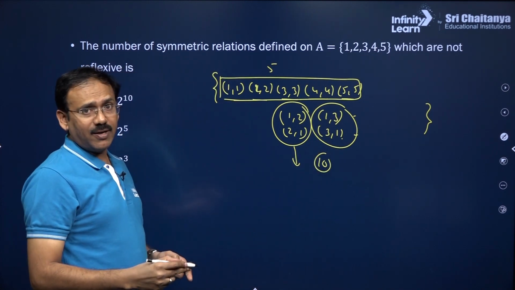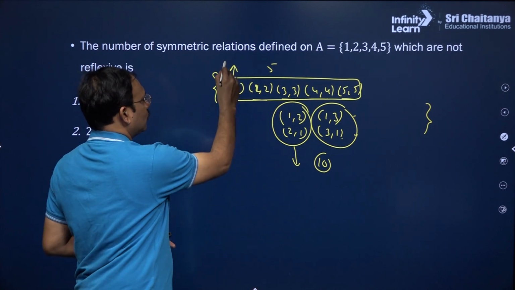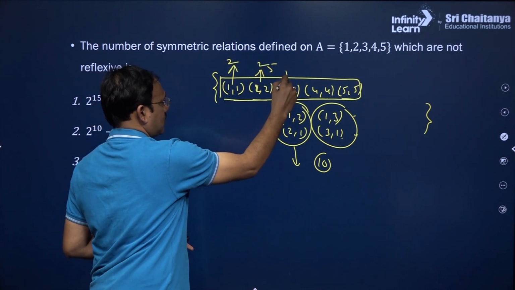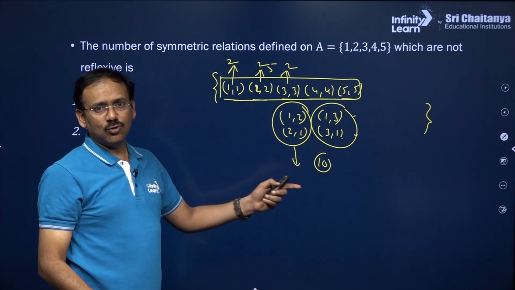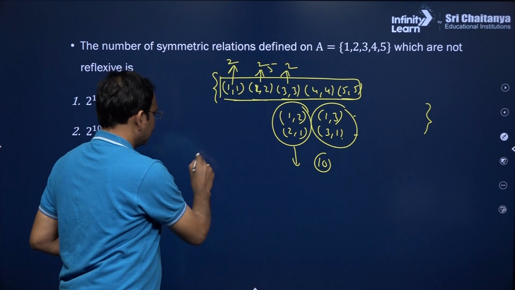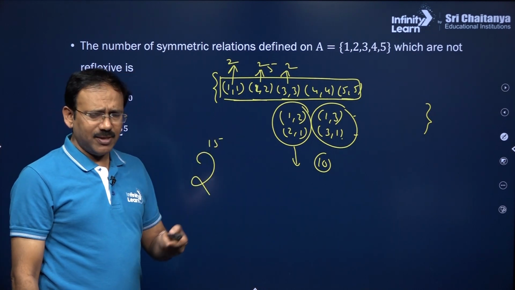Now for the number of symmetric relations, each element may or may not be taken, two ways, 5 times. Here also 10 bunches. 2 power 10 into 2 power 5, 2 power 15 is the number of symmetric relations.